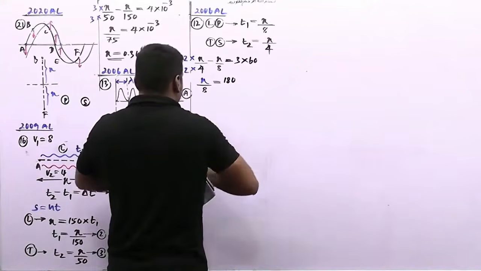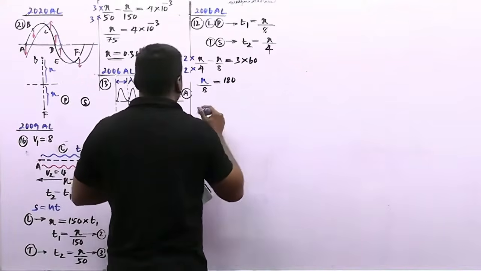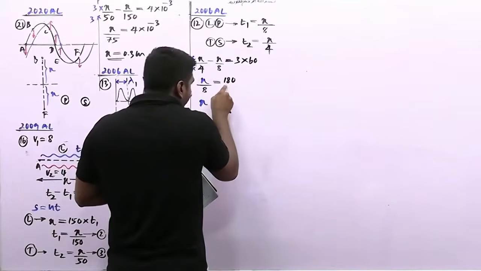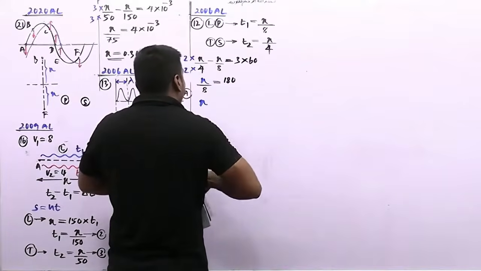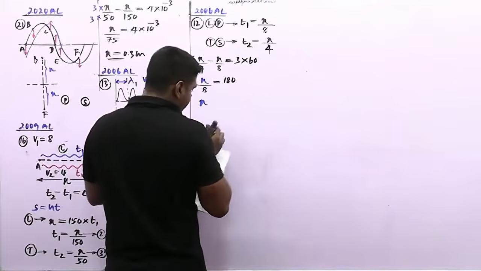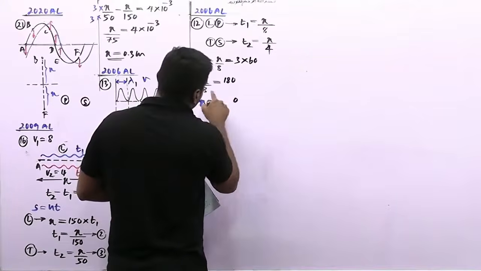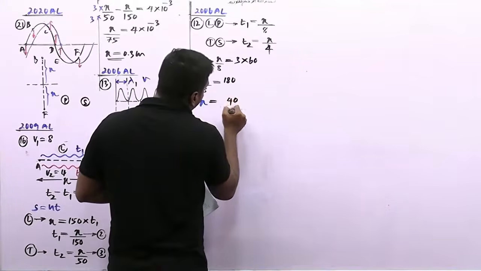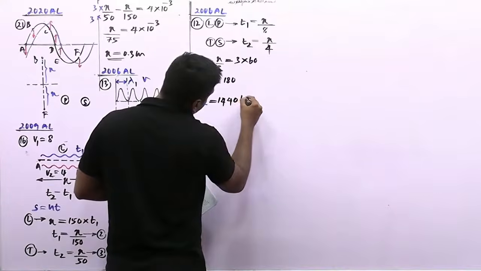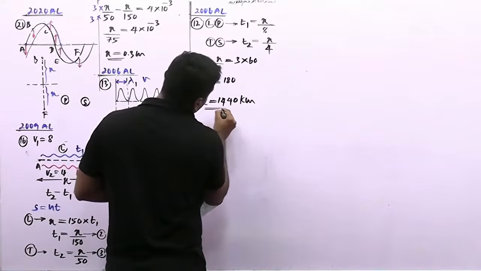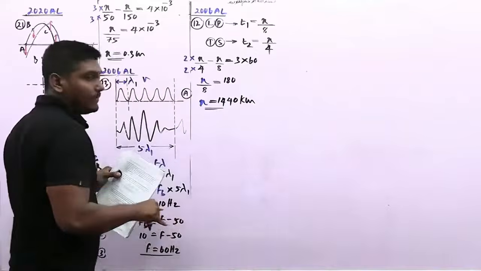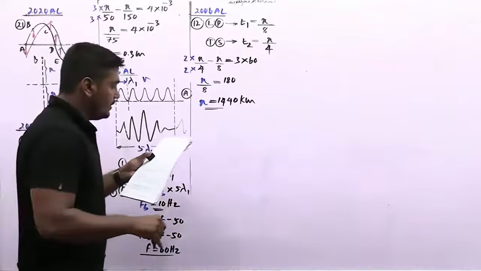If you substitute, x is going to be 180 into 8, which is equal to 1440 kilometers. Nice question.